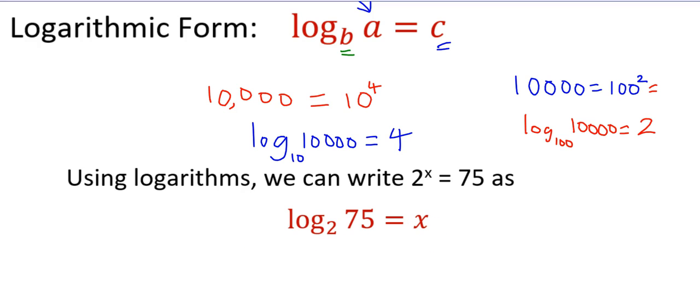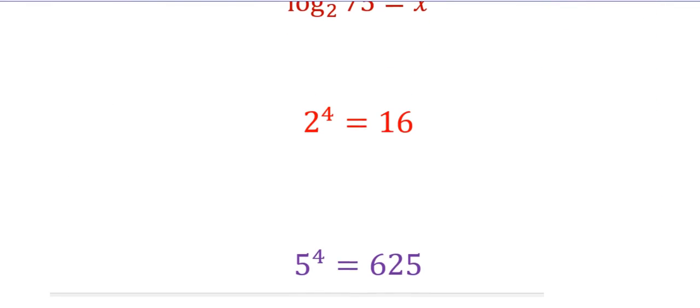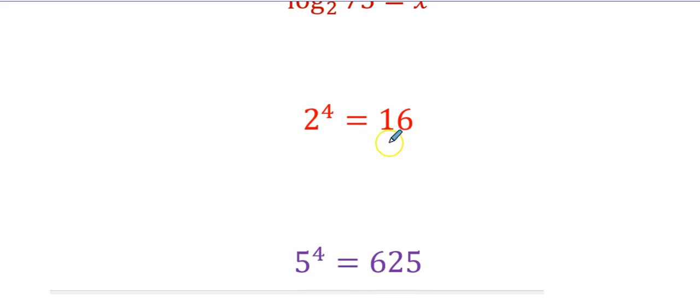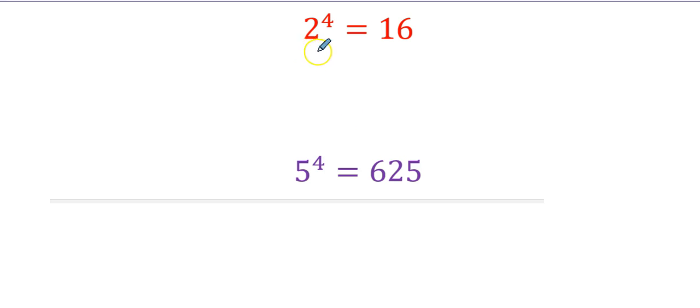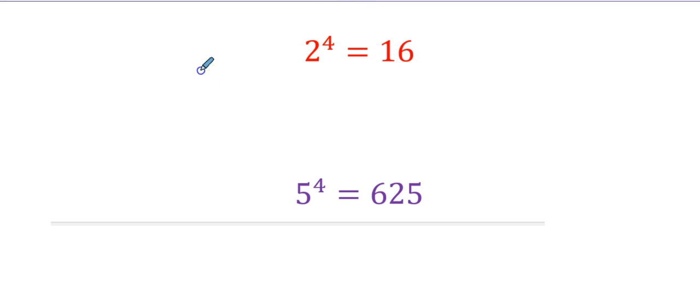Now let us see two more examples. You have here 2 to the power of 4, the first one. In logarithmic form, it can be written as log base 2 of 16 is equal to 4.